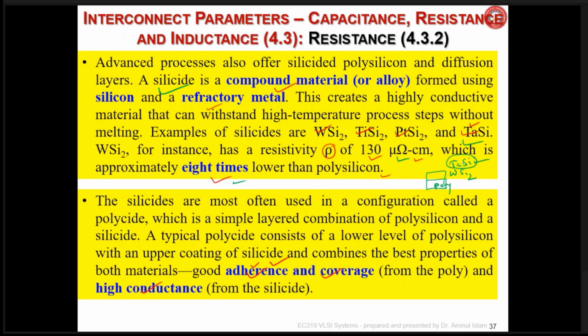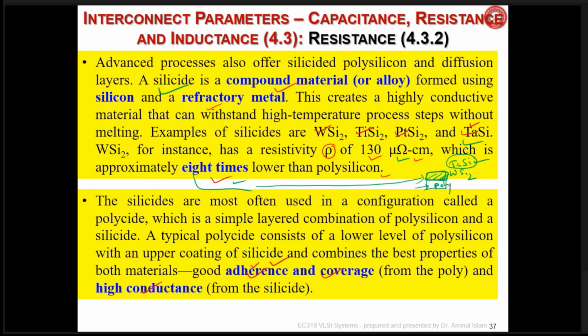TaSi alloy is formed on the top side of the polysilicon. Polysilicon is basically silicon only, with a polycrystalline structure. So a compound material is formed on top of the pure polycrystalline silicon, and its resistivity is reduced by 8 times.